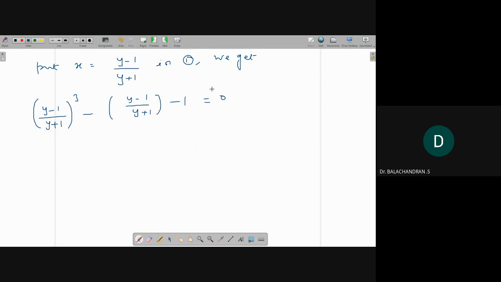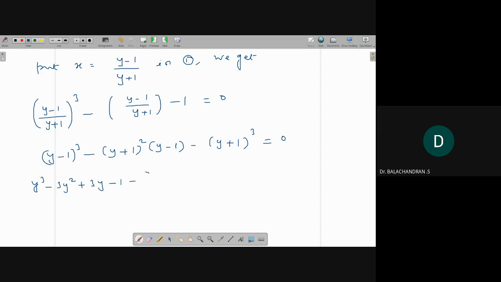Okay, so now throughout multiply by y plus 1 whole cube. So y minus 1 whole cube minus y plus 1 whole square into y minus 1 minus y plus 1 whole cube is equal to 0. So next you need to expand. a cube minus 3a square b plus 3a b square minus b cube.